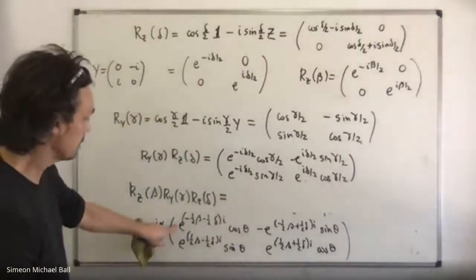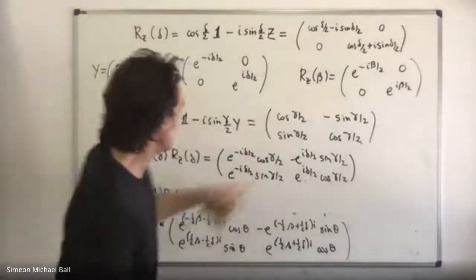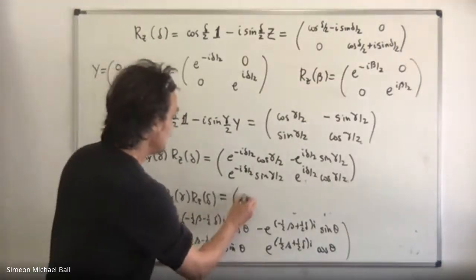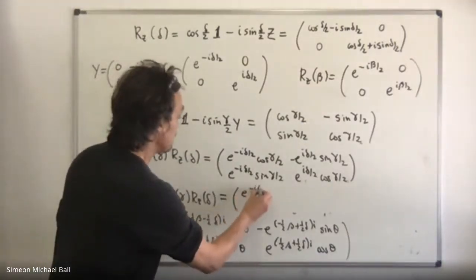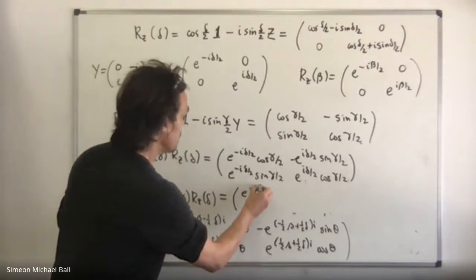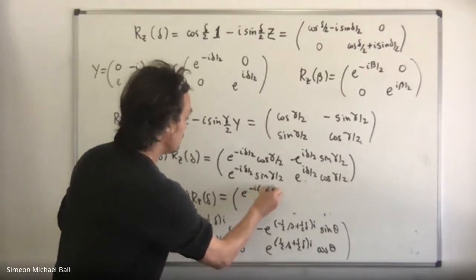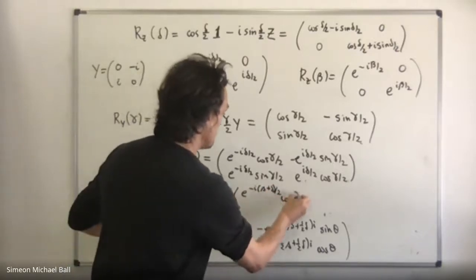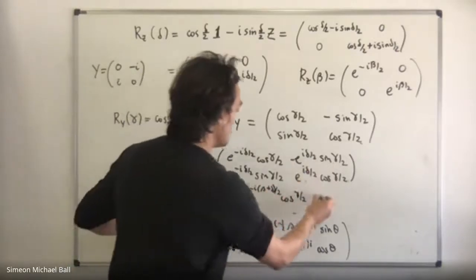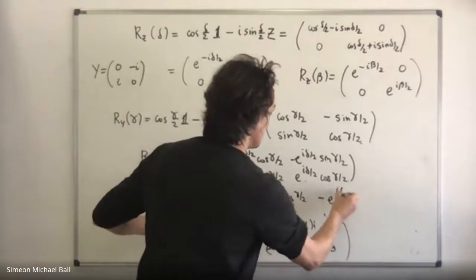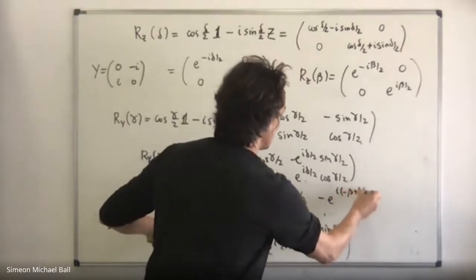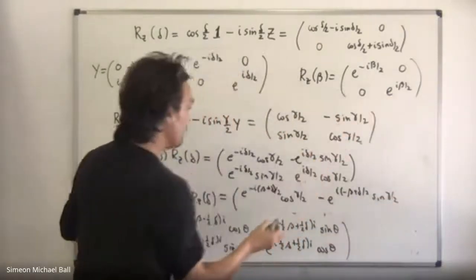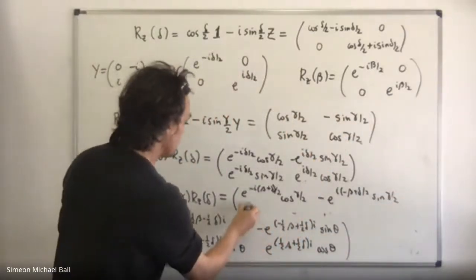Because now if I take RZ beta, I have to multiply the first row by e to the minus I beta over 2, cosine, sine, and the second row by positive beta.